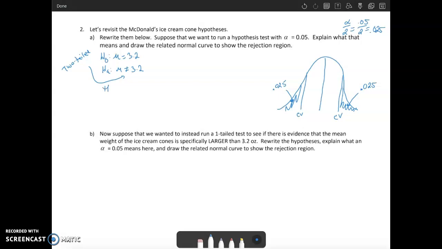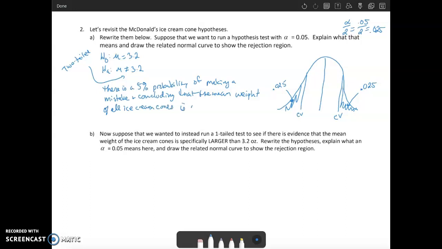Well, what that tells us is that there is a 5%, or 0.05, probability of making a mistake and concluding that the mean weight of all ice cream cones is not 3.2 ounces when really it is 3.2 ounces.